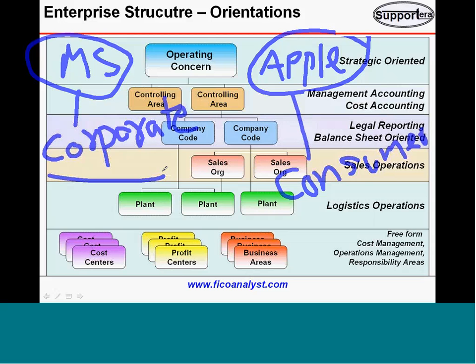For example, Microsoft gives its software preloaded to all the computer manufacturers, whereas Apple does not give its software to anybody. It produces its hardware also. So depending upon their consumer strategy and corporate strategy, they form their operations.